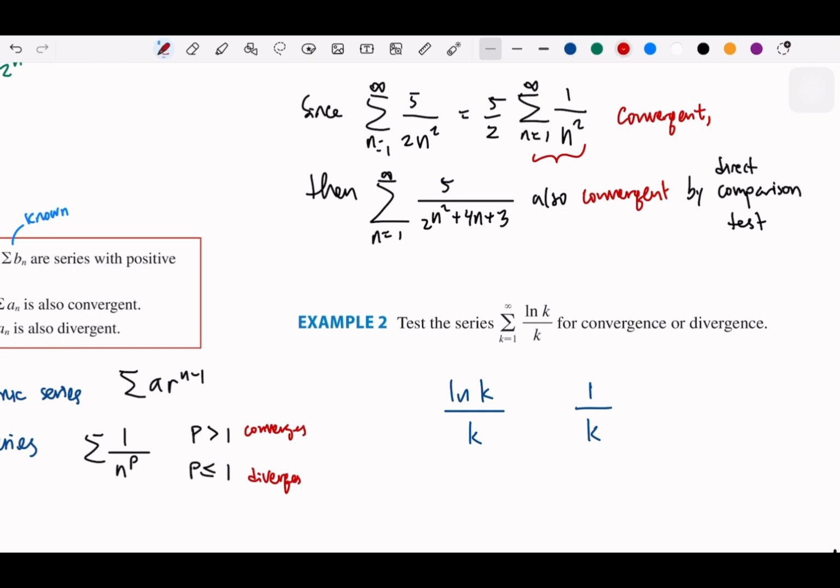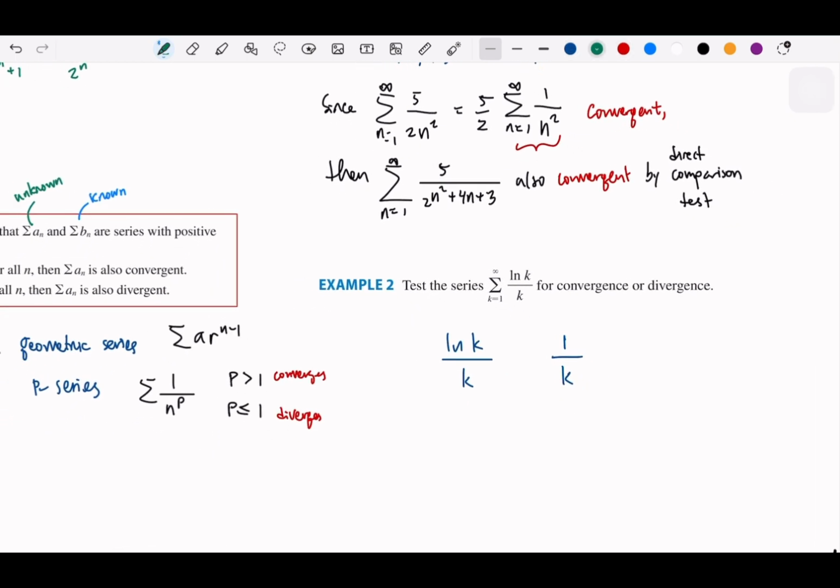So for k greater 1, or maybe let me start from, if we check n equal 1, equal 2, equal 3, okay, maybe 1, 2, 3, we see that maybe it's not really that, it's not increasing, or we could see that for k greater equal 3, the ln k is greater than 1, right?